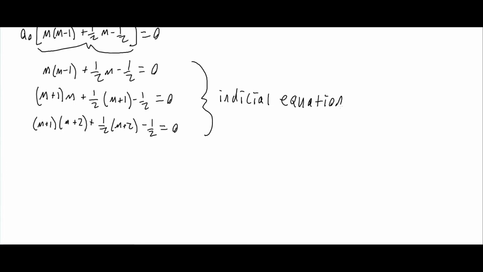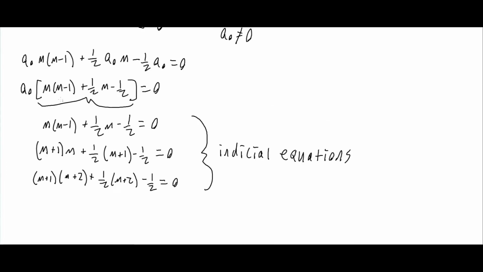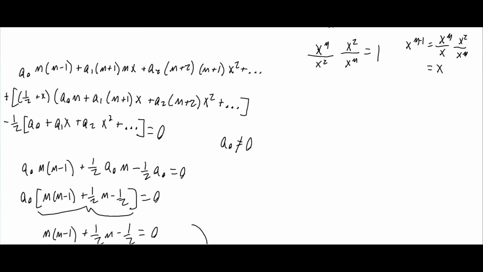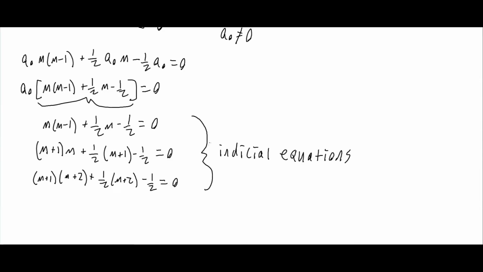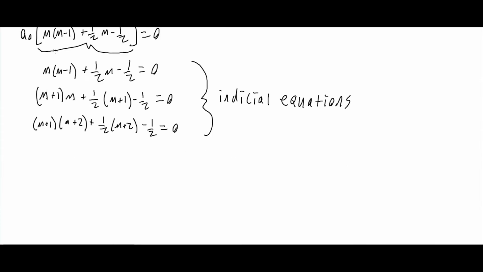And they are just obtained by taking each of these coefficients and taking the terms with the corresponding coefficients in each of these series here, and just equating them to 0. So from the indicial equation, what we do is we actually get the roots for this.